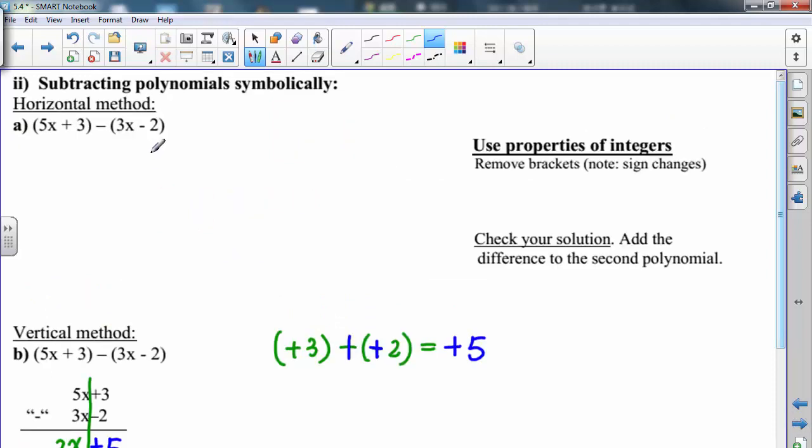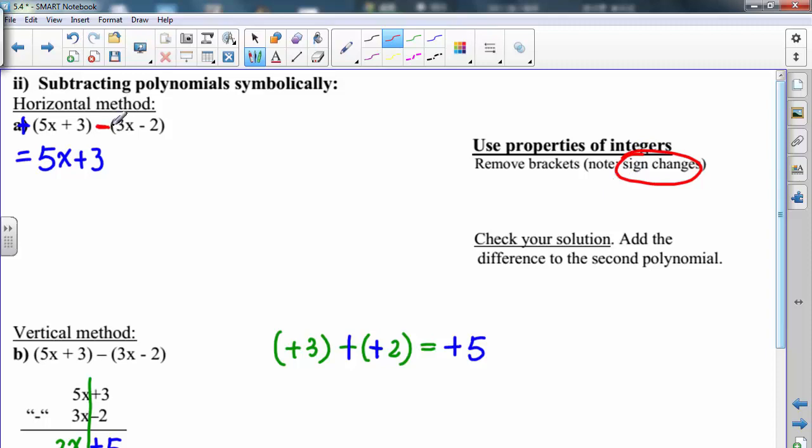So let's look at how we can subtract these two polynomials horizontally. The first one is 5x plus 3. I just remove the brackets right away since it's a positive sign in front. However, this one is the subtraction. When you remove the second pair of brackets after the subtraction, we need to change the signs.